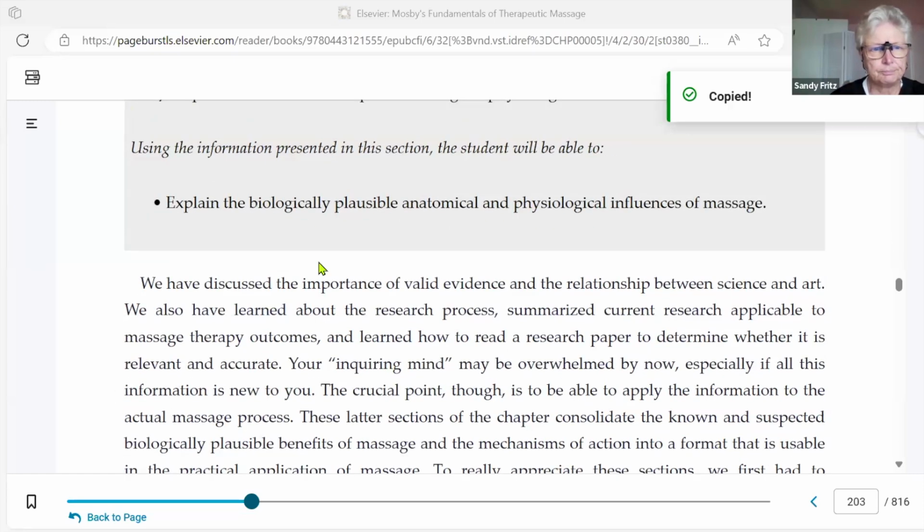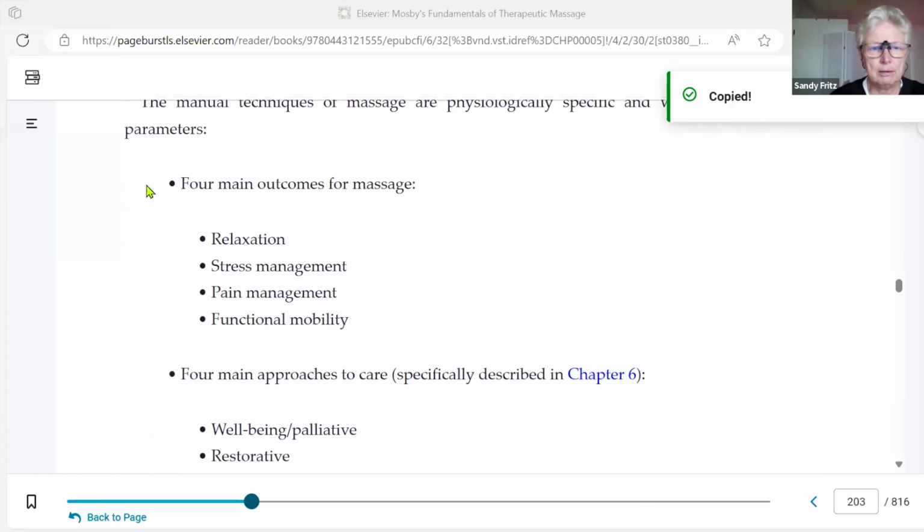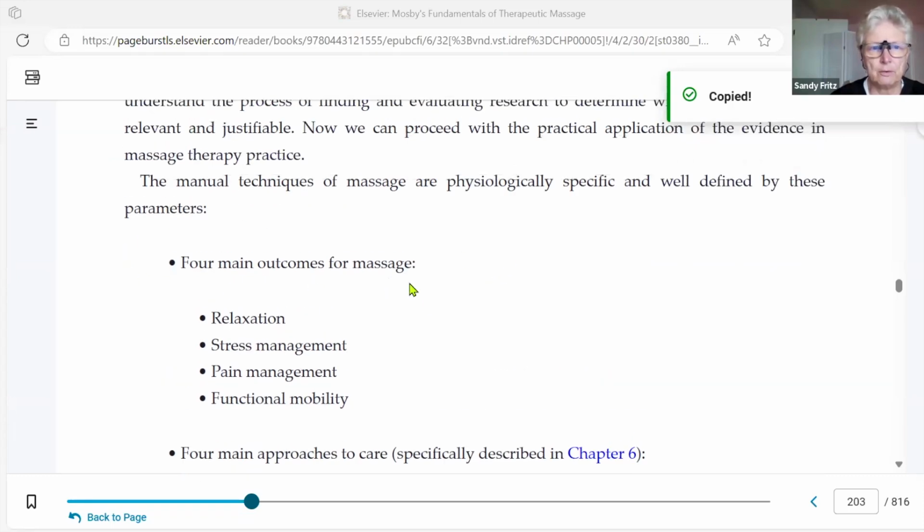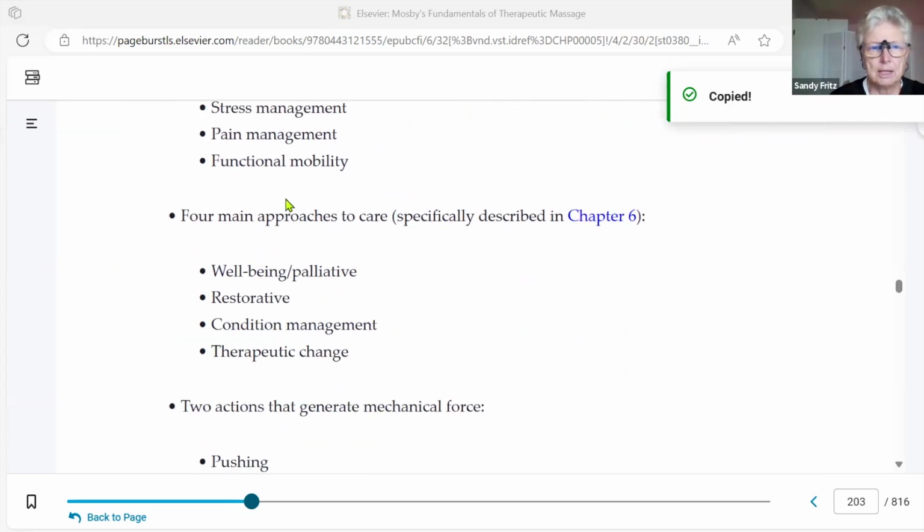So you've seen this before, but let's do it again. Here are the 4 main outcomes. We just talked about that. Here are the 4 main approaches to care, and we'll get to that in the next chapter.